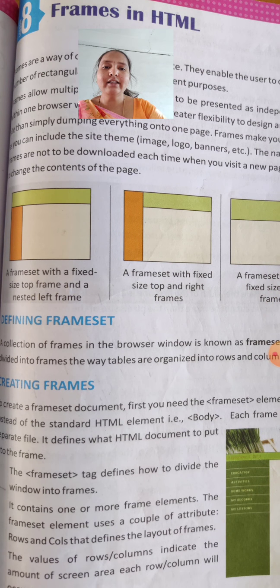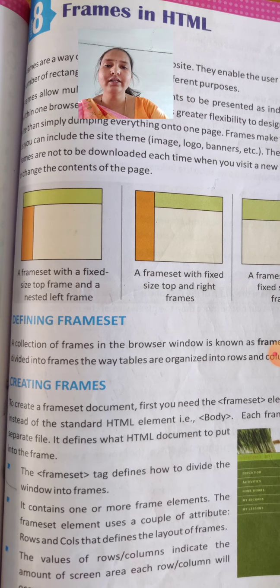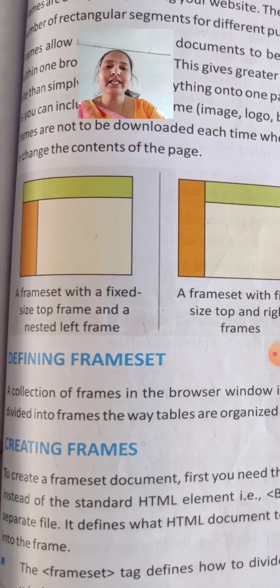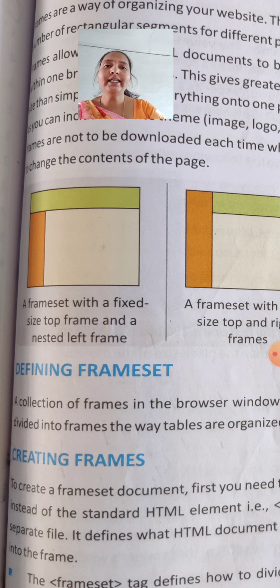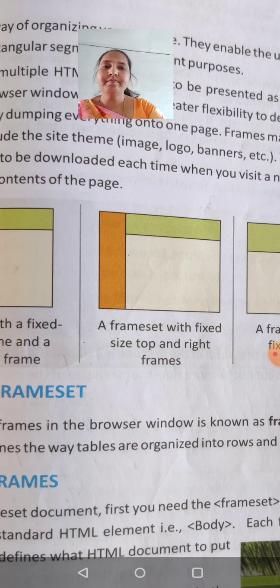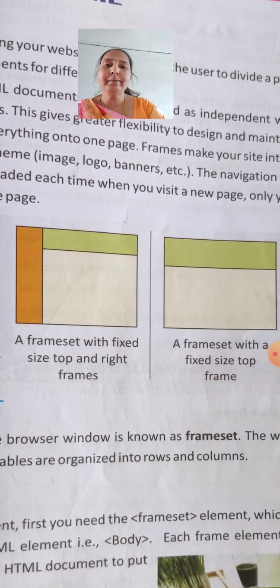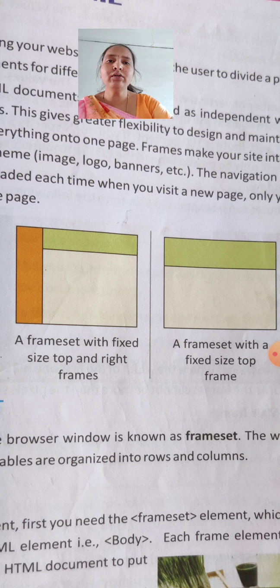We can see here there are some pictures they have given. Frames can be divided into many types in the window. See here, this window is divided into many frames: one orange color, green color and cream color. Likewise, a web page, a window, will be divided into a number of frames.